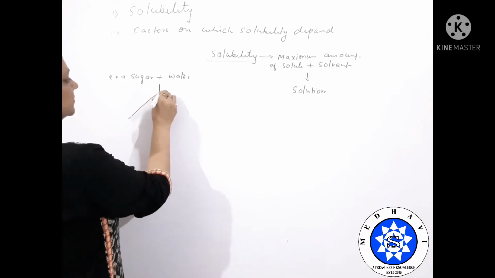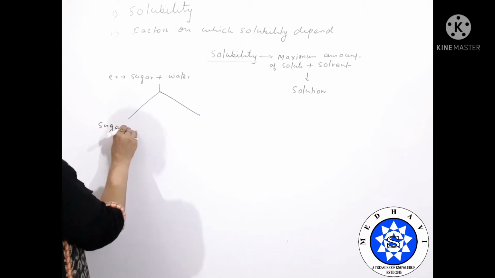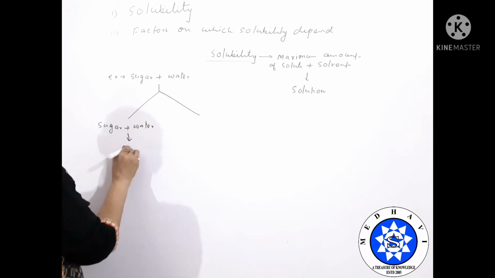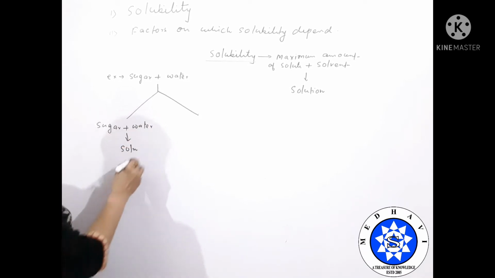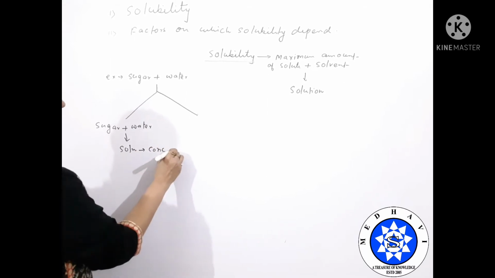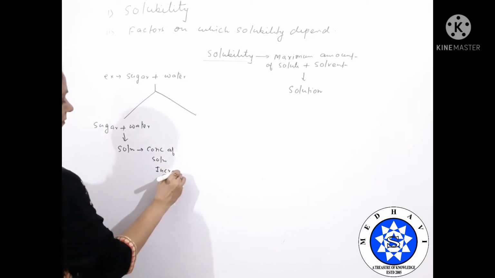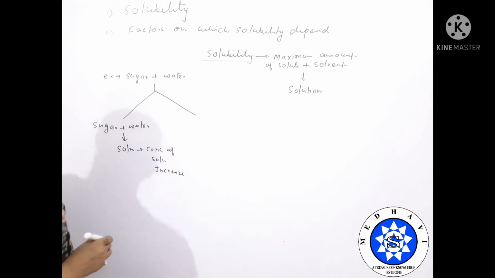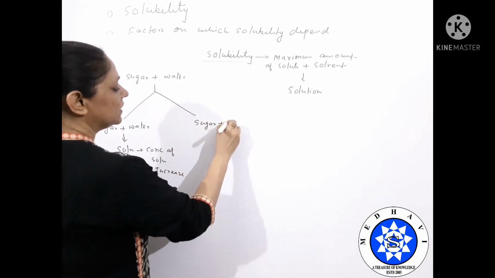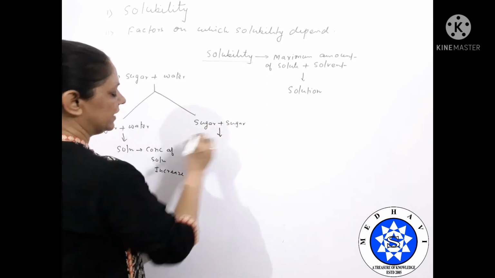First, sugar dissolves with water to form solution, and in this case the concentration of the solution increases. Whereas in the second case, a sugar molecule collides with another sugar molecule and is deposited at the bottom of the container.